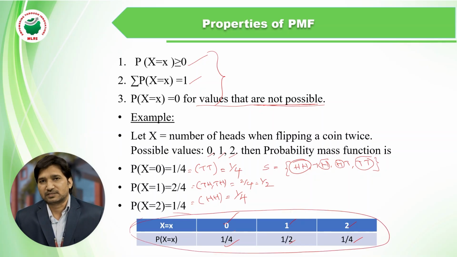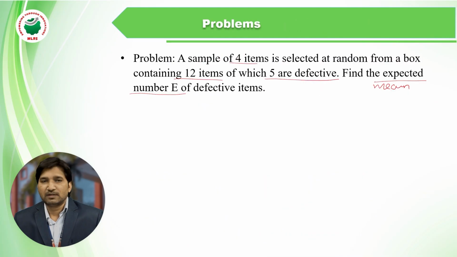First we have to find this table. Here x is the number of defective items: 0, 1, 2, 3, 4. Accordingly we can find the probabilities of the given values 0, 1, 2, 3, 4, maximum 4. After that we can find the mean of the given problem.